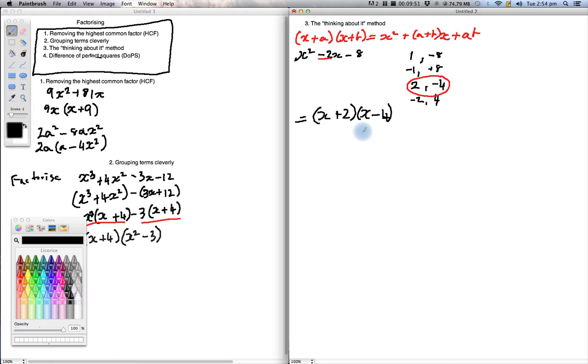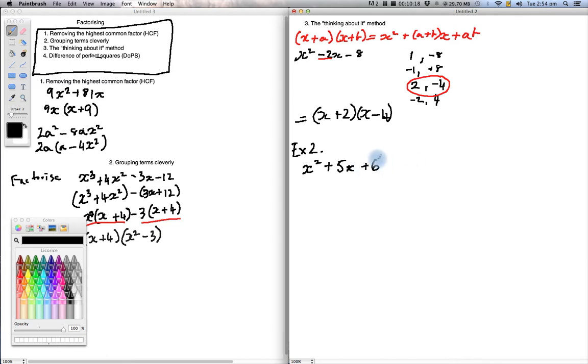Okay, so maybe I should do one more example using the thinking about it method. So let's go with example 2. Okay, let's suppose we have x squared plus 5x plus 6. Okay, it's a fairly easy one.